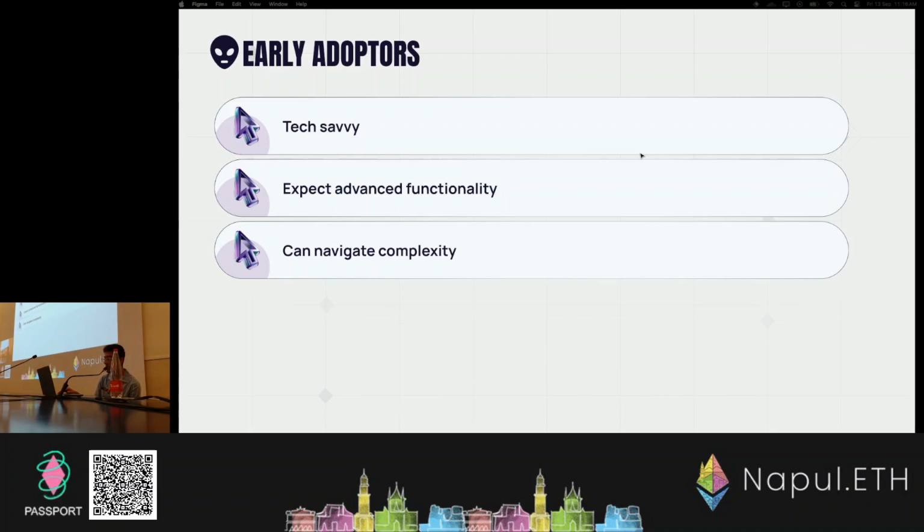Let's go through early adopters first. They're very tech-savvy. They expect very advanced functionalities, and they're very adept on navigating the complexity associated with your app, because, yeah, they are early adopters. They are always looking for new challenges and stuff like that. And the way the space started a few years ago, especially when I got involved back in 2020, 2021, most of the user base that was there in the famous apps at that point were early adopters.